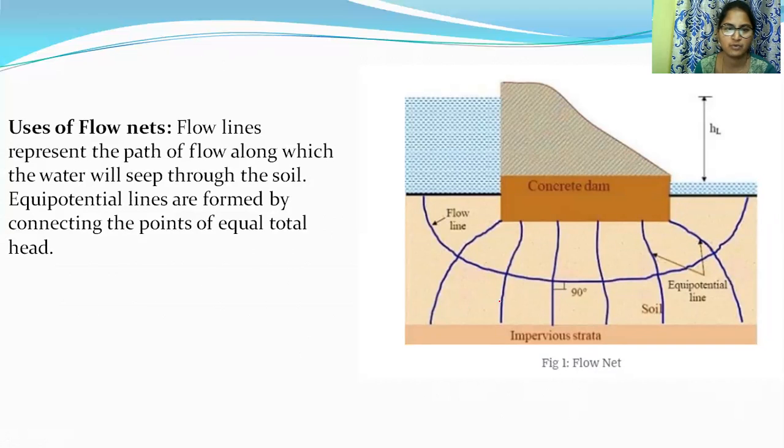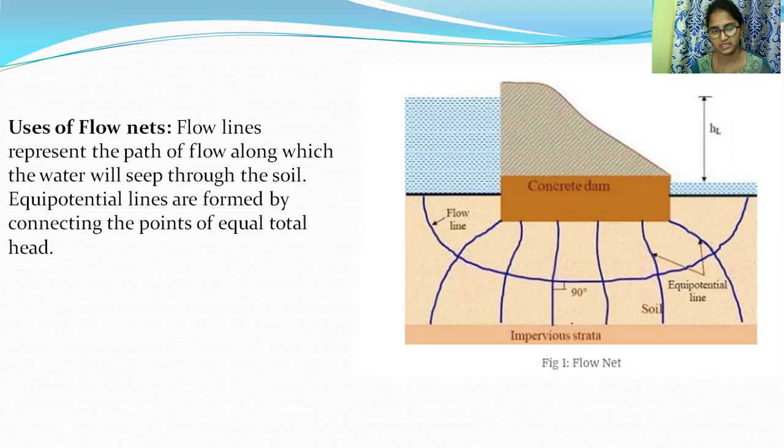The uses of flow nets. Flow nets represent the path of flow along which water will seep through the soil. Equipotential lines are formed by connecting points of equal total head. Flow lines represent the path of flow through the soil and impervious strata.